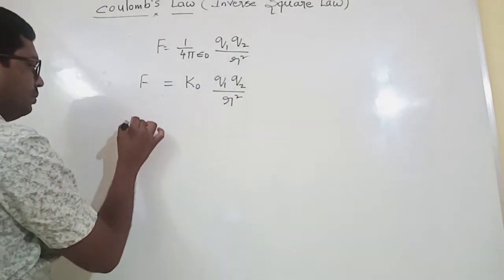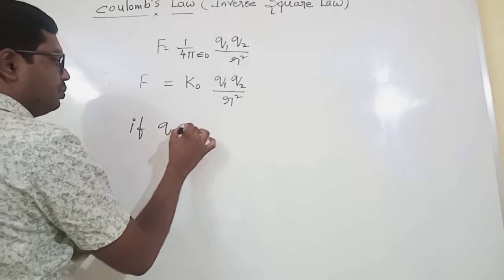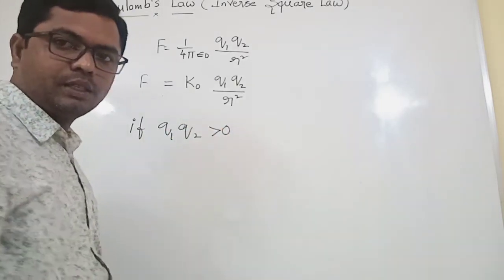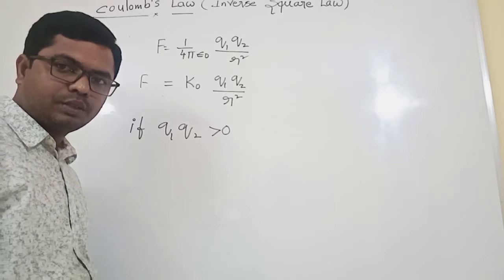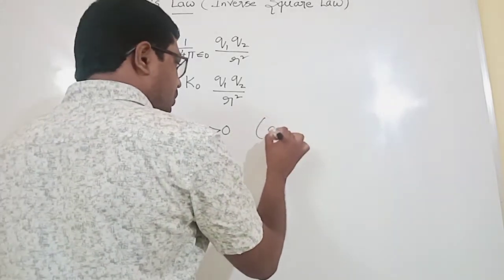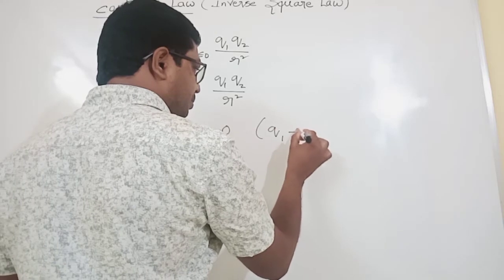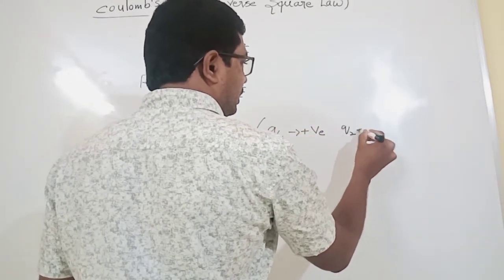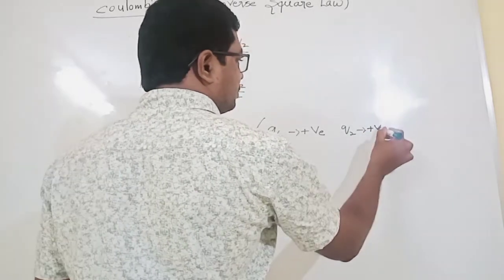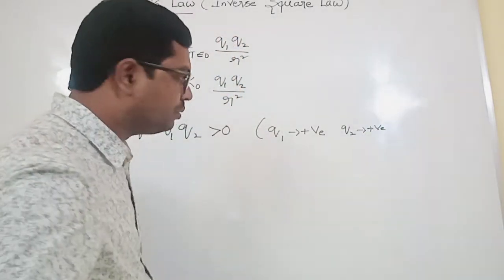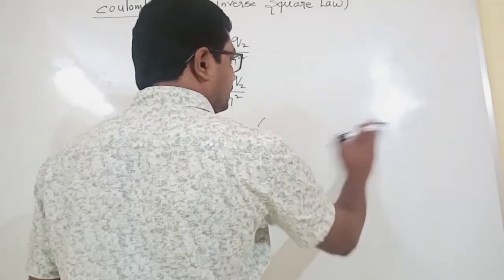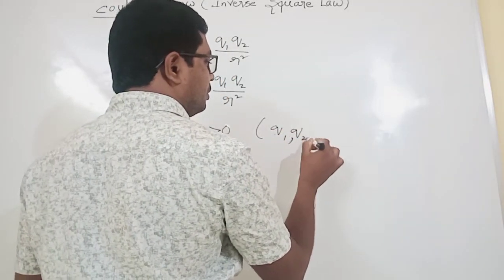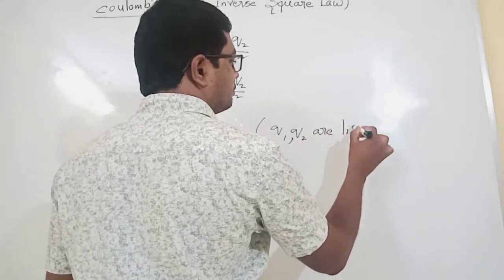If Q1 Q2 is greater than 0, in the sense Q1 is positive, and Q2 is also positive. That means Q1, Q2 are like charges.